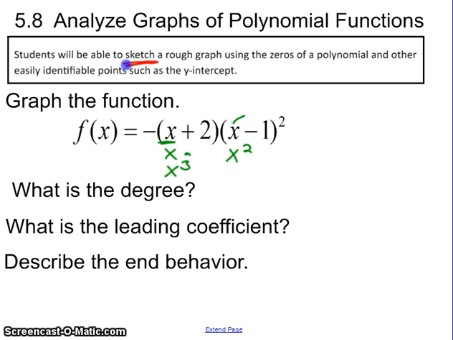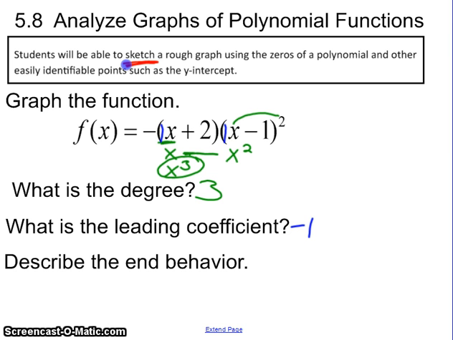So this x gets the power of 2, these two multiplied together give me the power of 3. So the degree is 3. The leading coefficient is going to be 1 times 1 times the negative up front, so it's going to be negative 1.